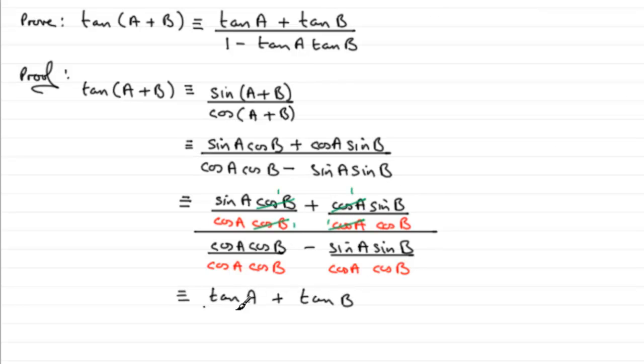And then on the bottom, we've got this term here, with the same top and bottom, so they cancel one another out, giving us 1 over 1, which is 1. And then we've got minus, and you have sine a over cos a, which is tan a, and sine b over cos b, which is tan b.